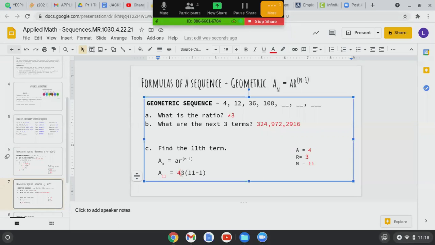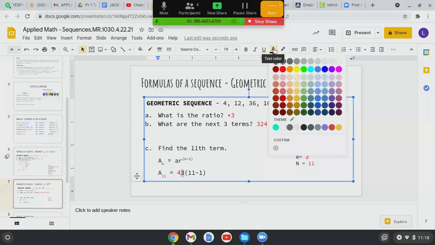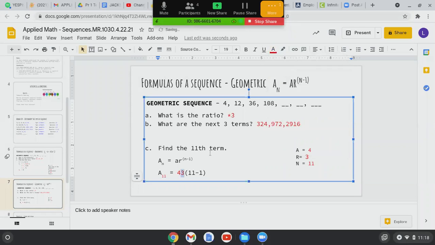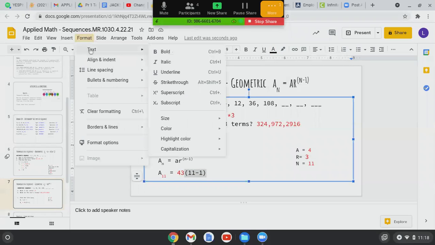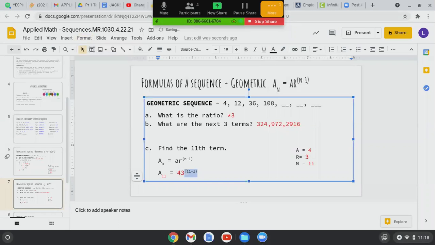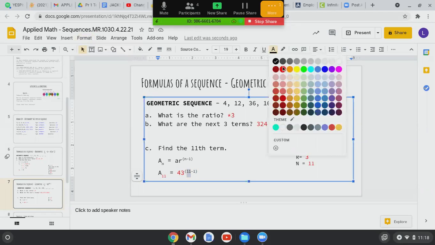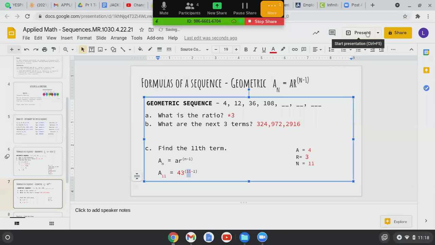And we are going to make that, we are going to raise that to the power. We will make that 11. All right.